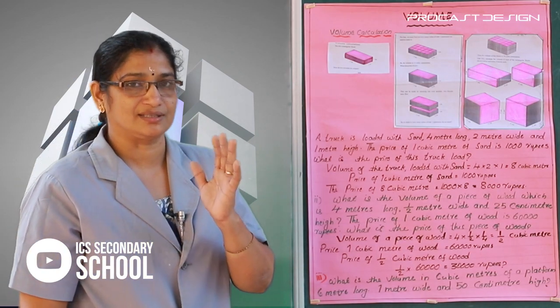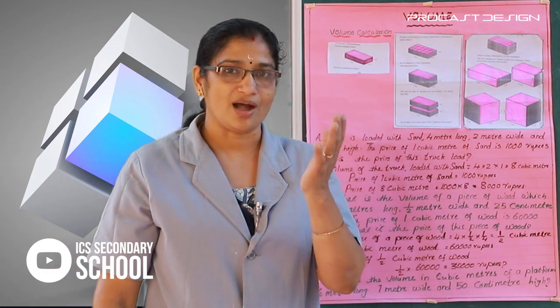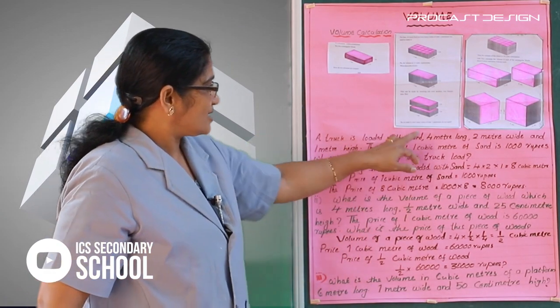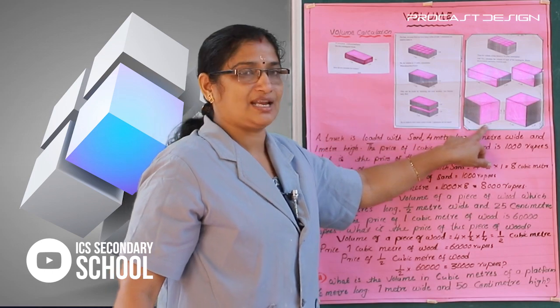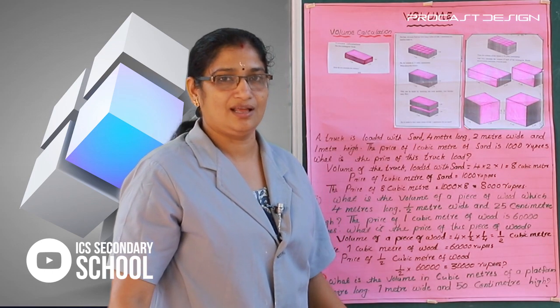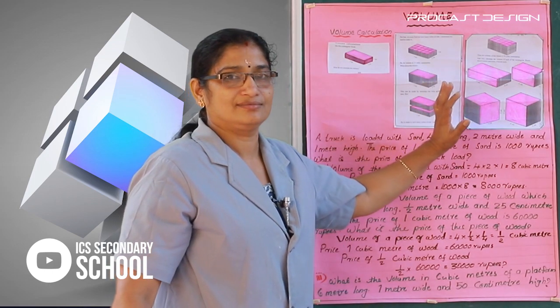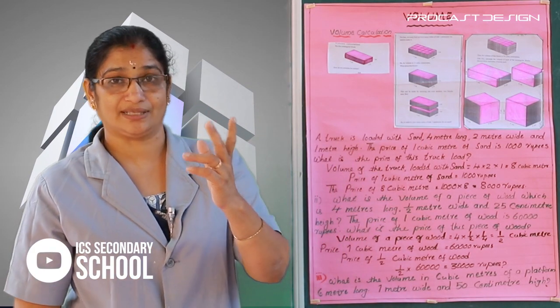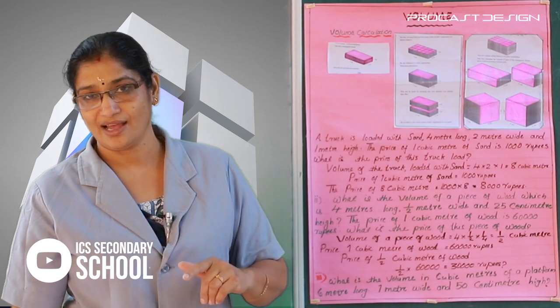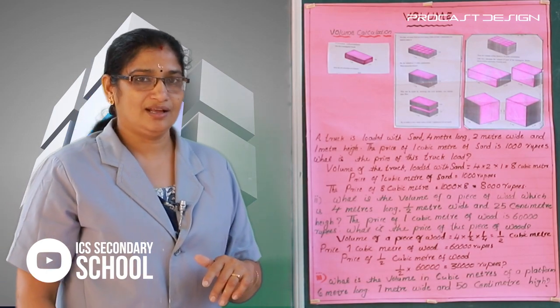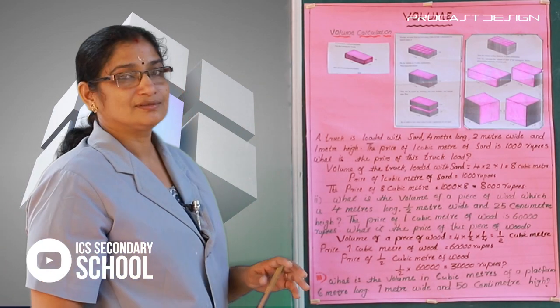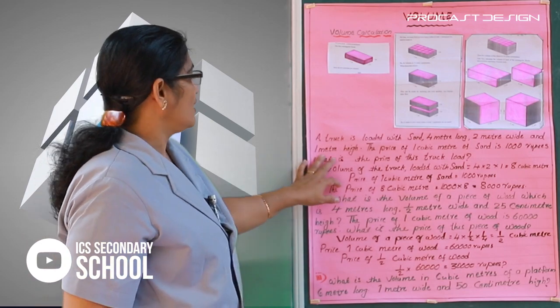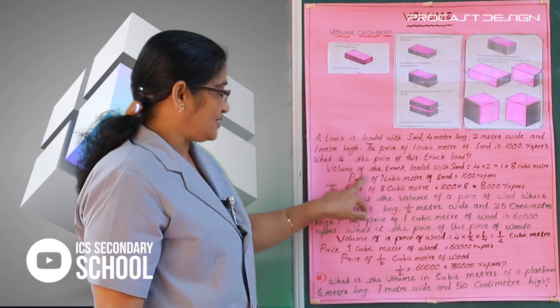Volume calculation is length into breadth into height. Next, 5 centimeter, 5 centimeter and 5 centimeter. It is a cube, all sides are equal. Length 5 centimeter, breadth 5 centimeter and height 5 centimeter. Calculate the volume.